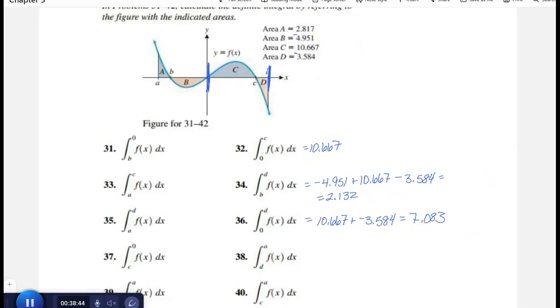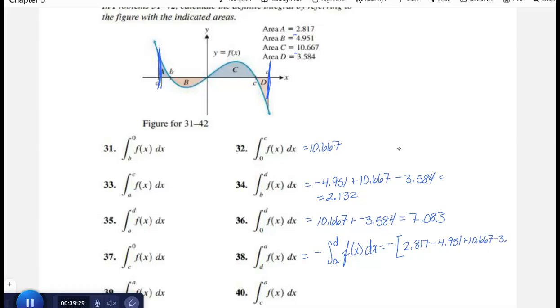And then let's look at 38. 38 is integrating from A to D. Okay, but that's not smallest to biggest x value. We're going to have to flip that. And when I do flip those limits of integration, it changes the sign of the value. So I have to keep that negative there and be careful when I compute this. So A to D is going to include regions A, B, C, and D. A has a positive value. B has a negative value. C has a positive value.